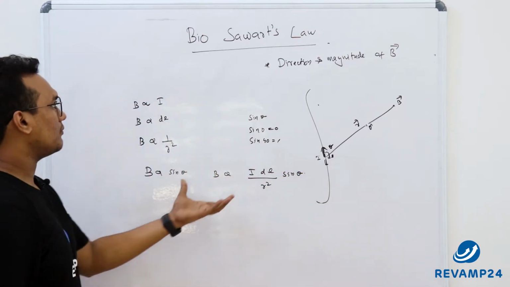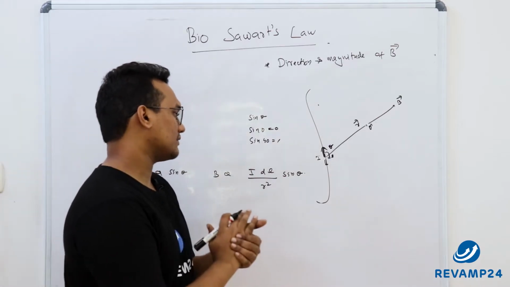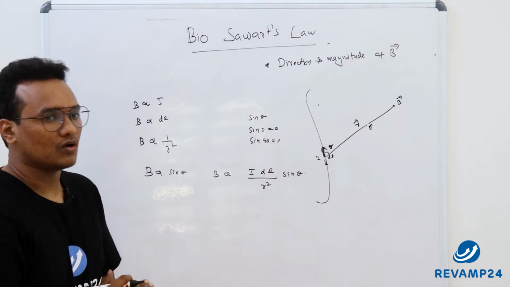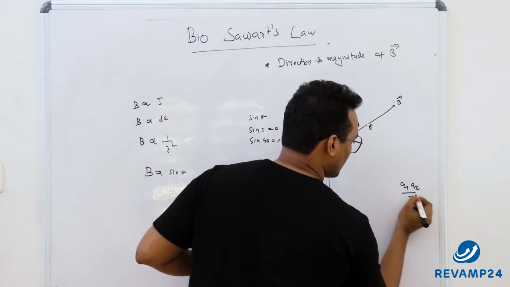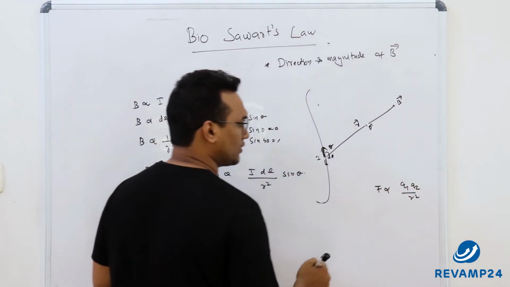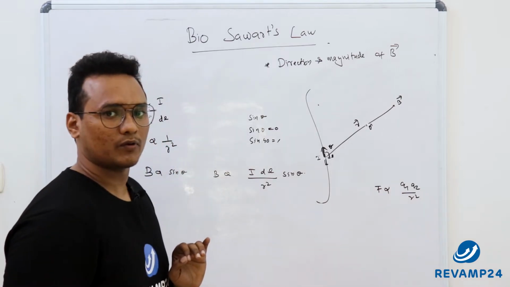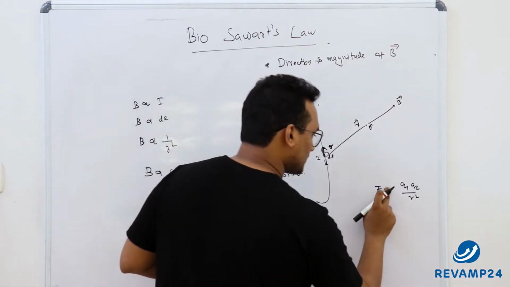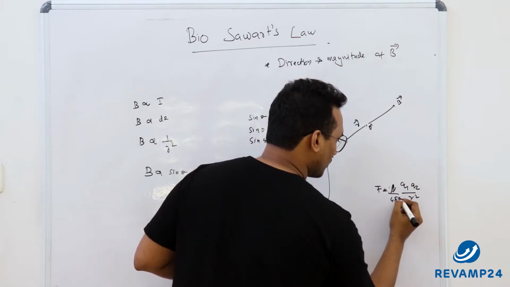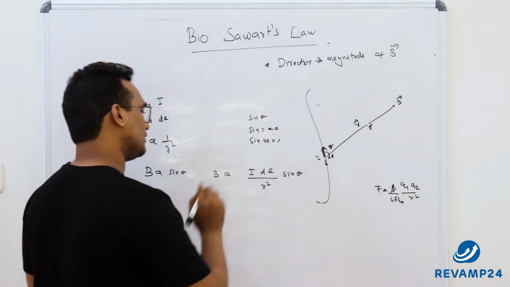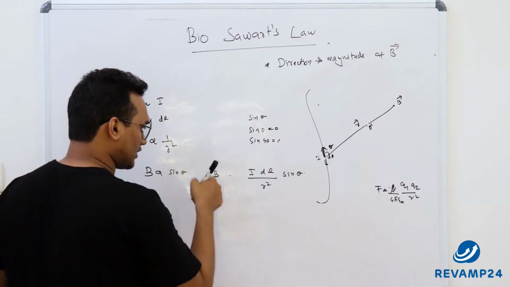Now, Biot and Savart were really impressed with Coulomb's law, where F is directly proportional to Q1 Q2 and inversely proportional to r square. Later, the proportionality constant was given as 1 by 4 pi epsilon 0. So a similar constant is given here after doing experiments.